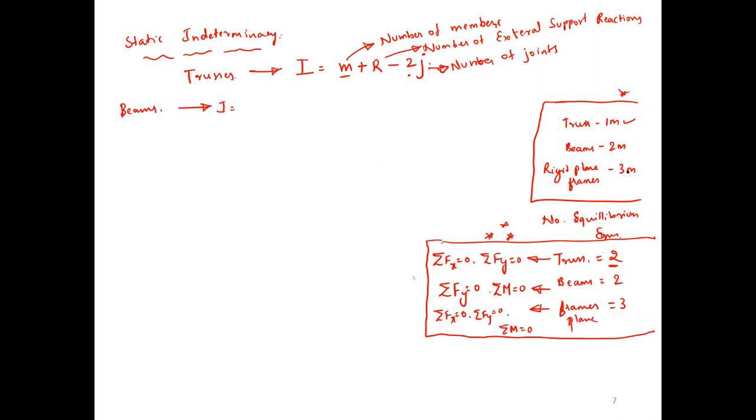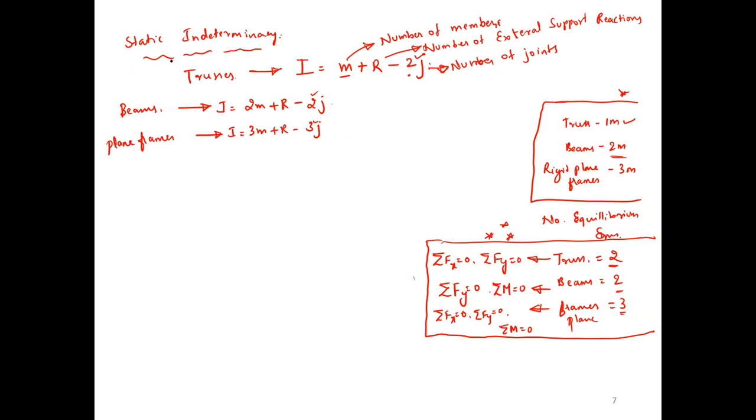I equals 2m plus r minus 2j. For plane frames, how much? I equals 3m plus r minus 3j. See, 2j, 3j.